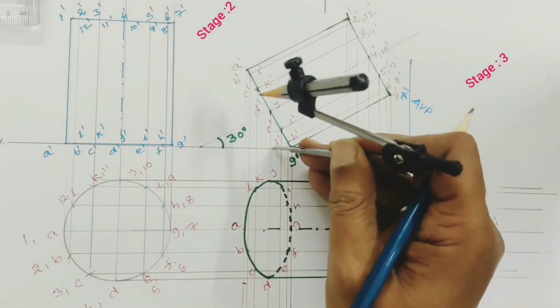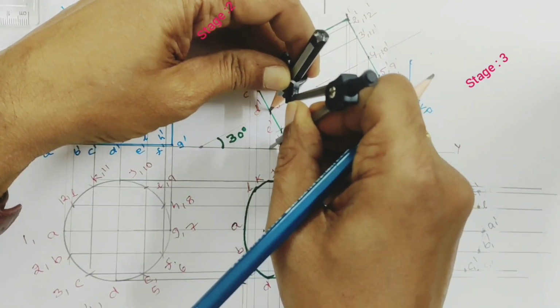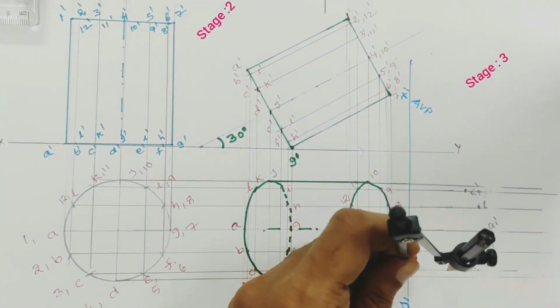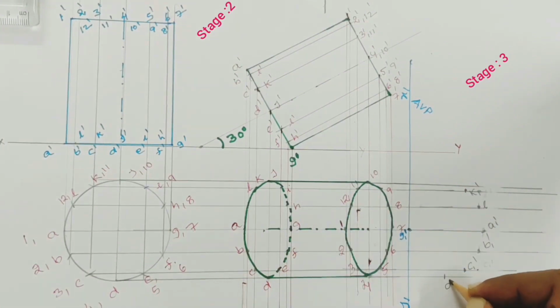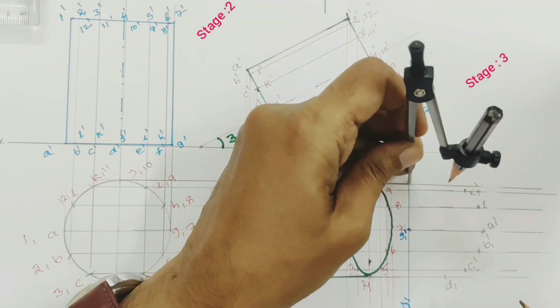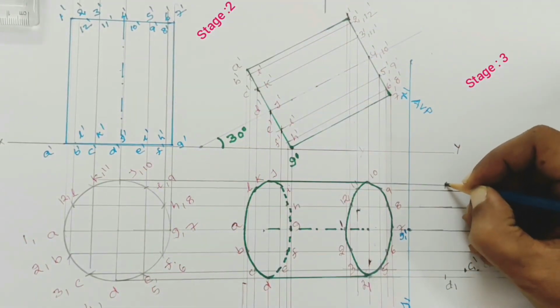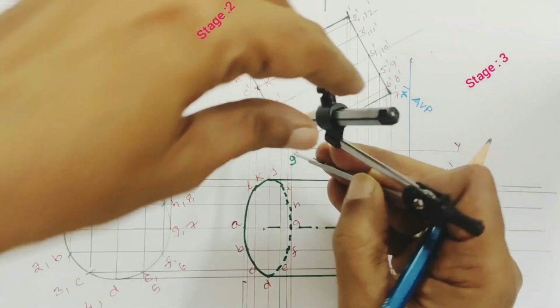Then D and J. This is D, D1 dash, and it is J1 dash.